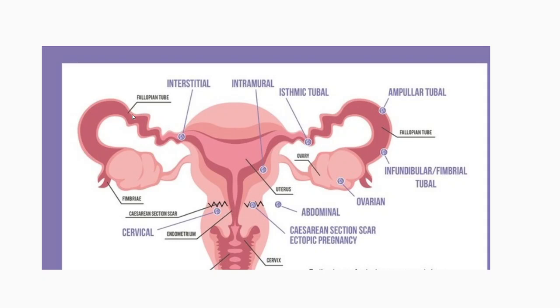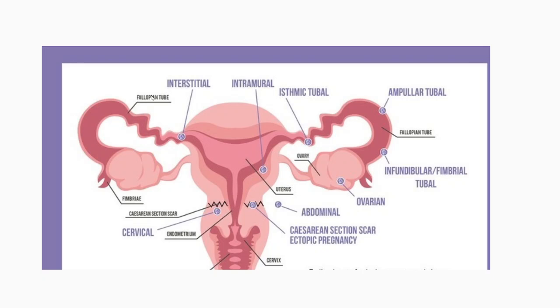So we had already seen in the explanation that different sites of implantation will be observed. Here, if the implantation is at the cervical region, that may be angular, cervical or cesarean scar, and the intrauterine, and most of the time the tubal site will be observed.